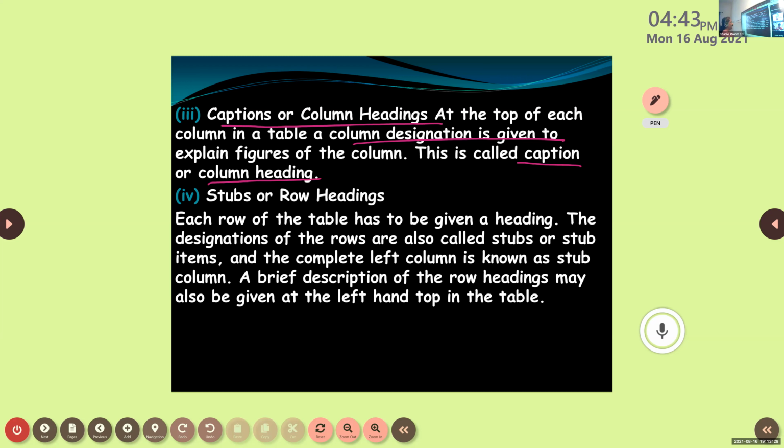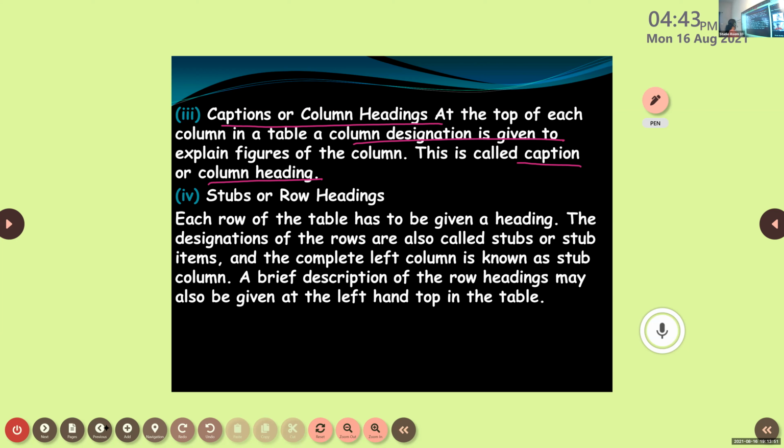The next important part of a table is captions or column headings. It is given at the top of each column, and it explains what the figures given in the column mean.